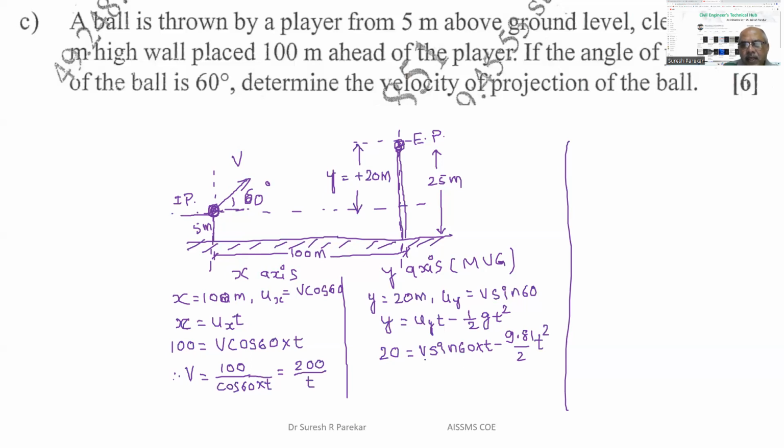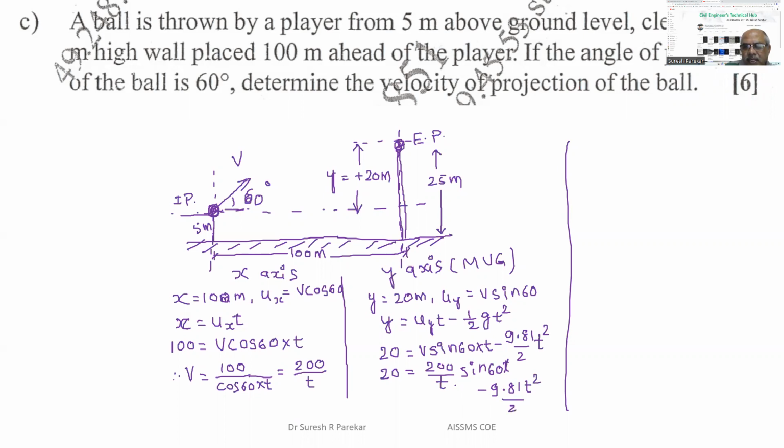Now we have 200 upon t. So we will put it: 20 equals 200 upon t, sin 60, into t, minus 9.81 t square upon 2.